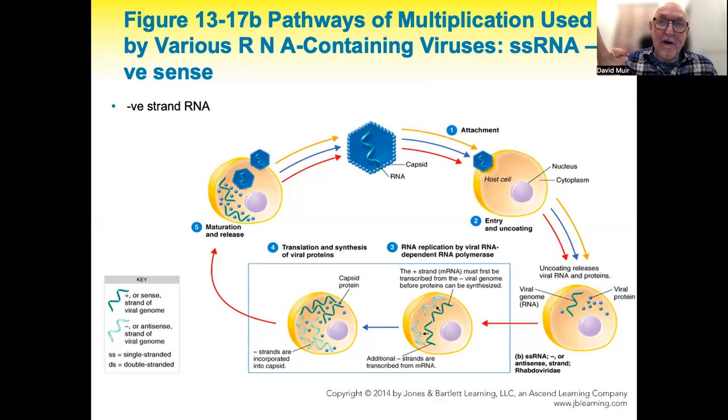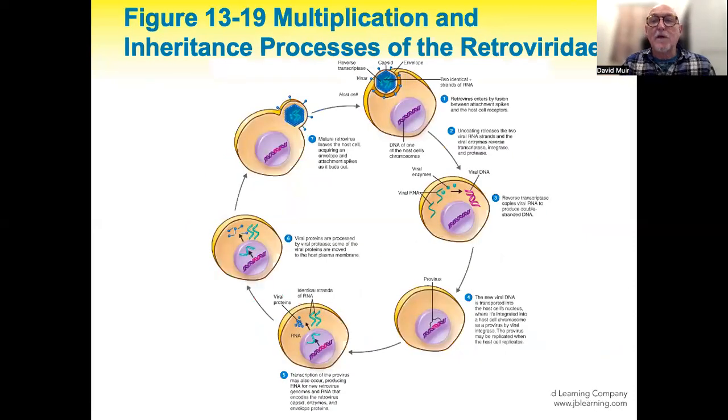So those are the DNA viruses, positive strand RNA viruses, negative strand RNA viruses, but there's one more that we need to talk about, and those are the retroviruses. Now, retroviruses are RNA viruses, but they have a positive strand which needs to be transcribed to DNA, because these viruses function by integrating with the host genome.